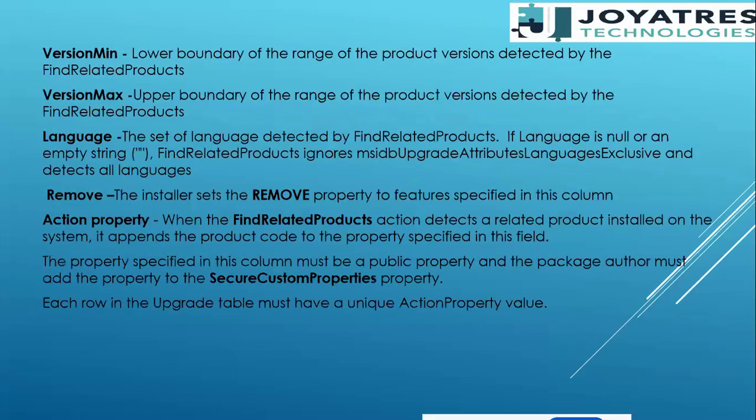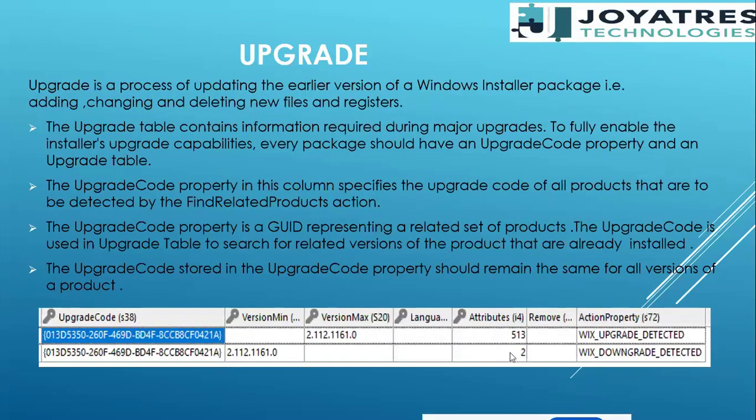So 2 is where we have mentioned the minimum version. With respect to attribute 2, it is going to first detect the version, and then as per attribute 512, it is going to identify the maximum version, right? So the application will be upgraded only to this version.